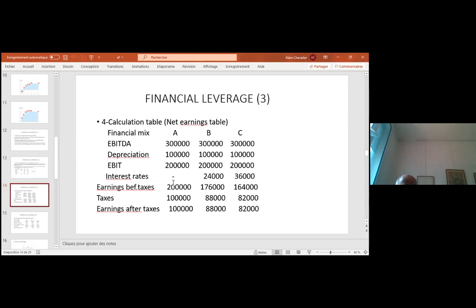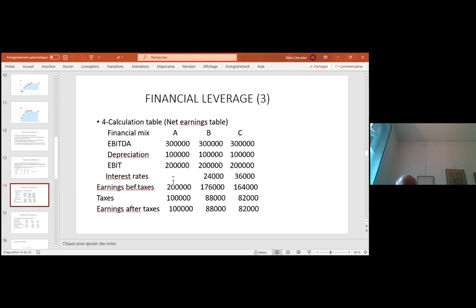Okay. So with this element, you can calculate the earnings after taxes. It means the bottom line of your income statement. It is 200,000 minus 100,000, which is equal to 100,000. First case, 100% equity.